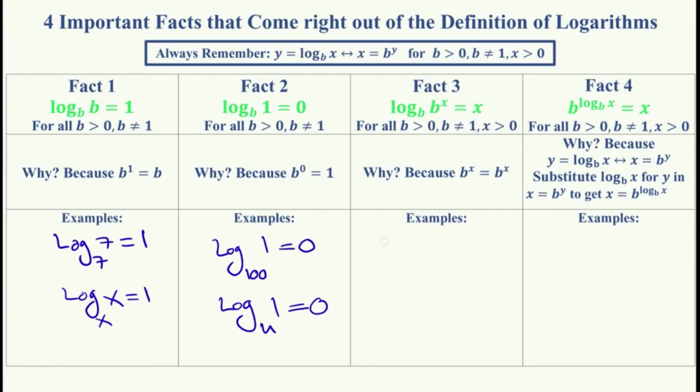So for example, if you have log base 7 of 49, it's not in that form yet, but notice I can always write this as log base 7 of 7 squared, which I know now by this rule, which you should not just memorize but fully understand, is 2.